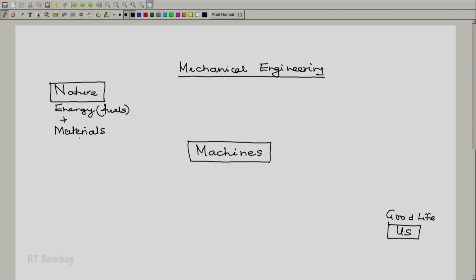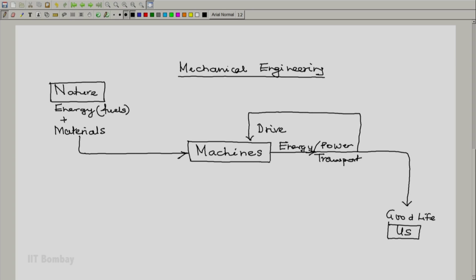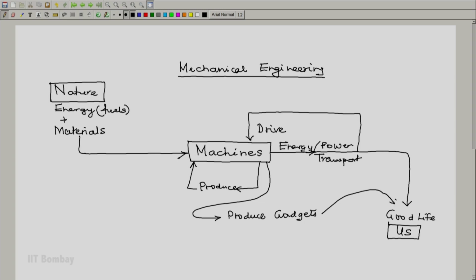One set of machines will use the natural resources, energy and materials to provide energy at a certain rate, which we call power. And of course, we will use energy for a good life, for say transportation and to drive machines. We will also have machines that produce machines, and machines that produce gadgets and machines of all kinds that directly or indirectly provide us with a good life. So this, I suppose, is a general scheme of mechanical engineering.